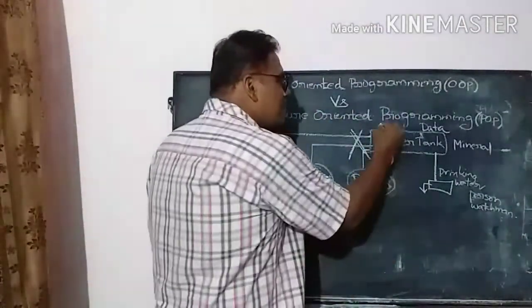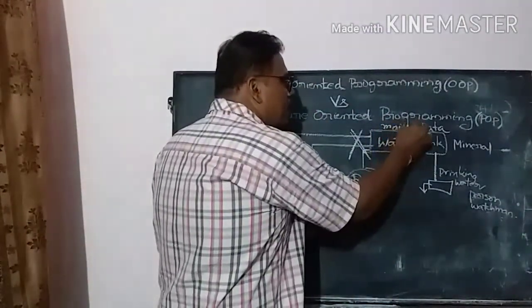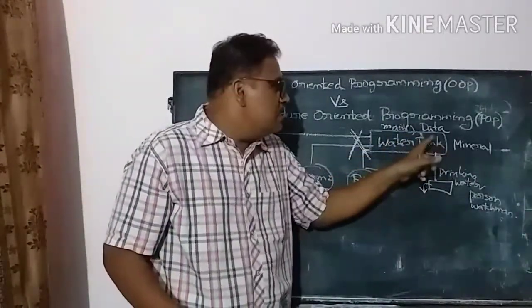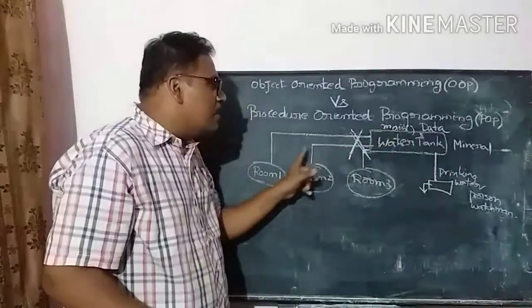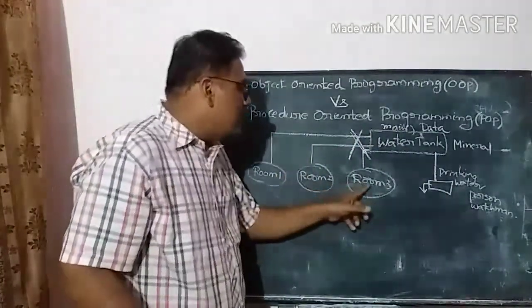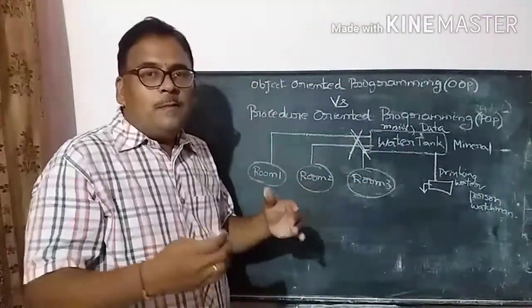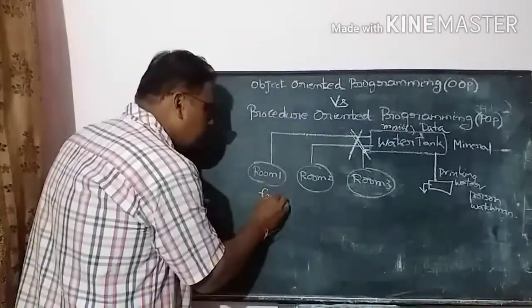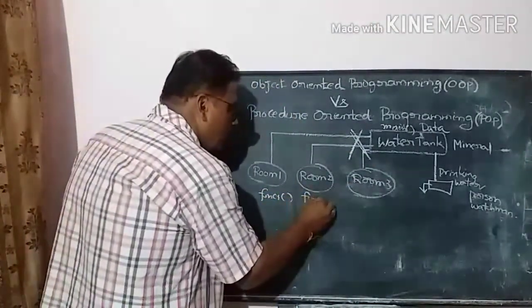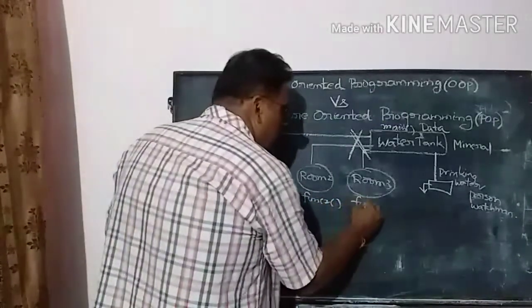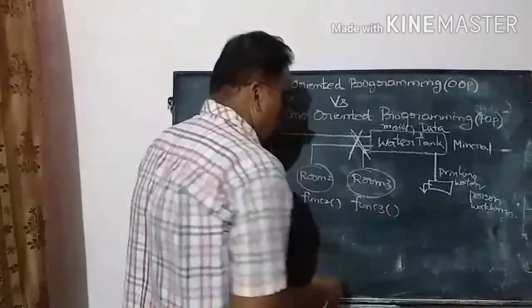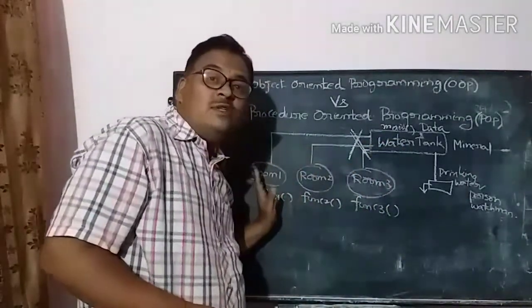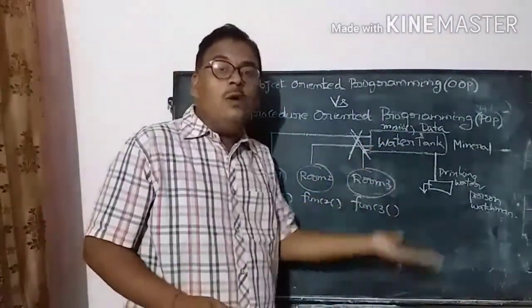The main function easily passes data to these 3 functions, so the data may be misused by function 1, function 2 or function 3.